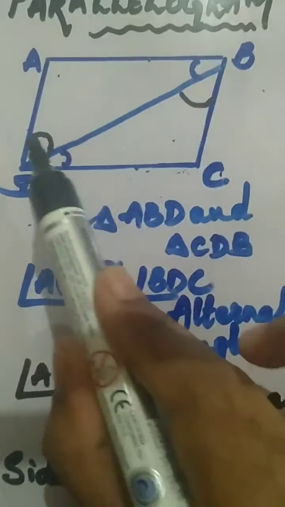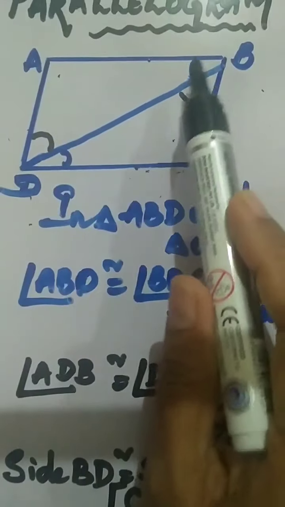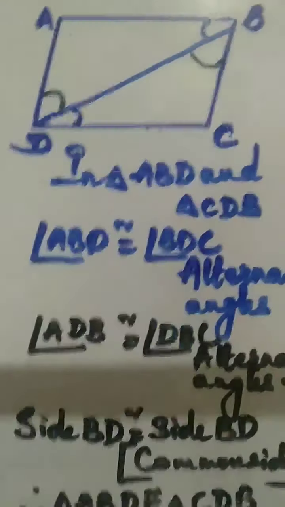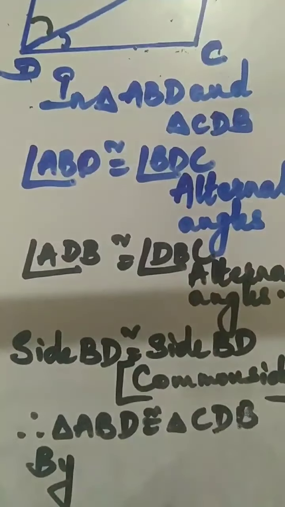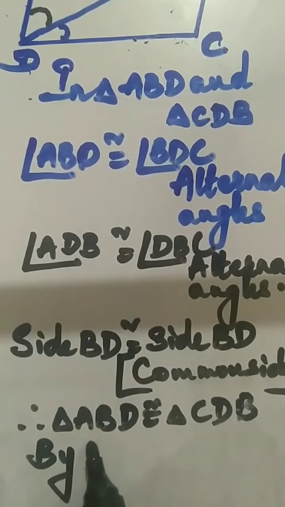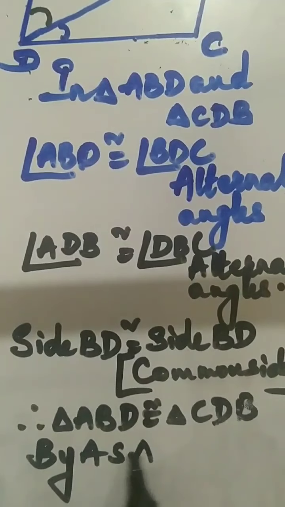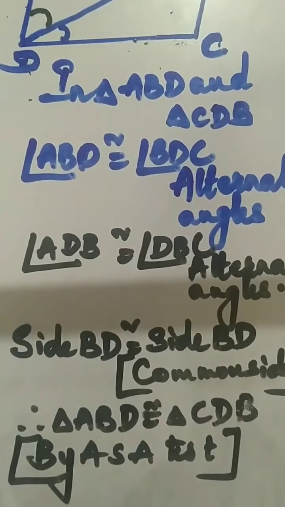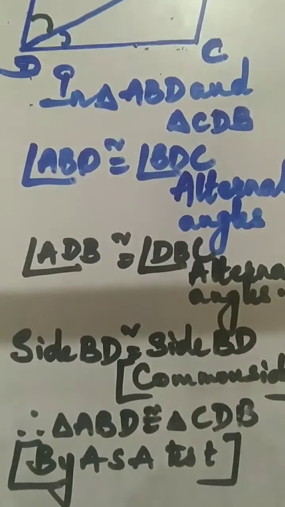ASA test: black angle, blue side and blue angle. So these two triangles are congruent by ASA test. So once you got the triangles congruent, now we will take CACT or CSCT.